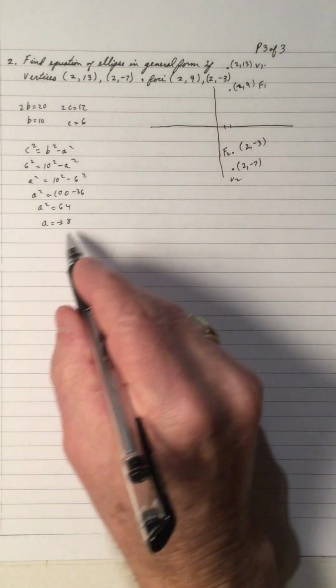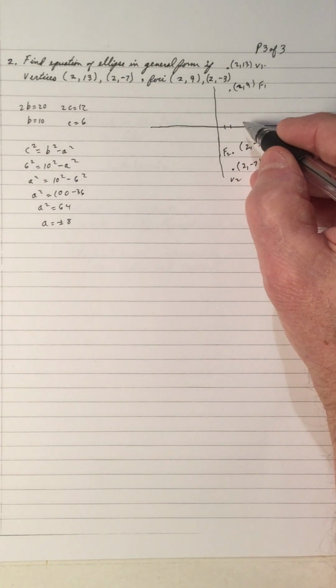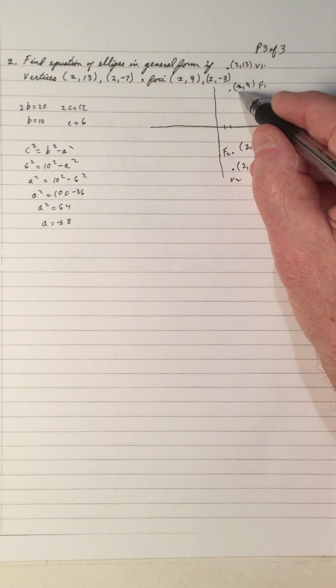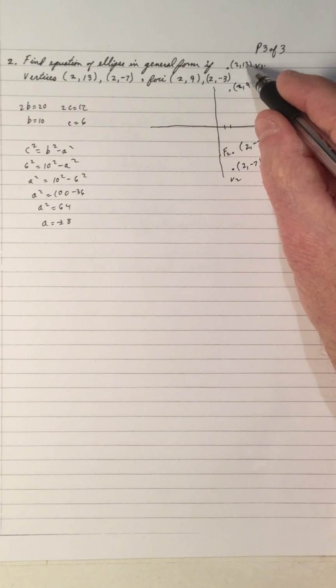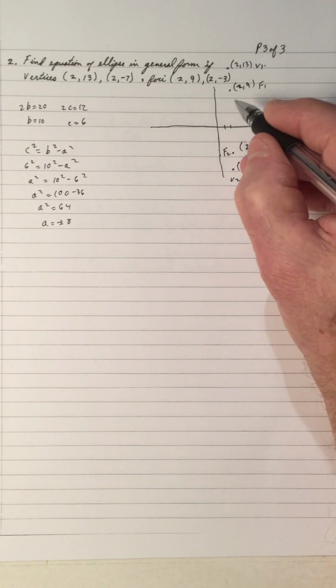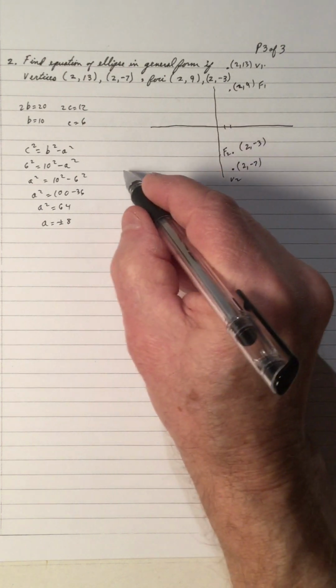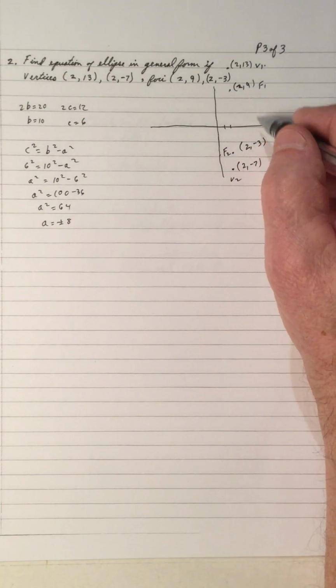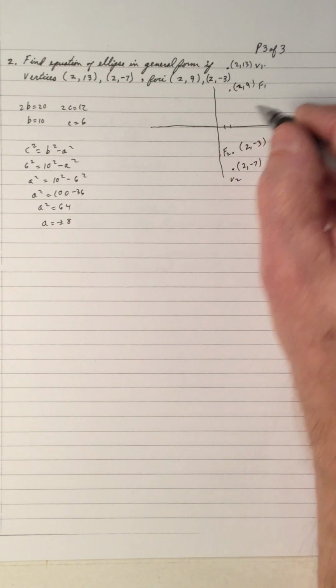Now we have to get the center. The midpoint between the foci is the center, and the midpoint between the vertices is the center, so it should be the same one. If we take the foci or the vertices, it makes no difference.